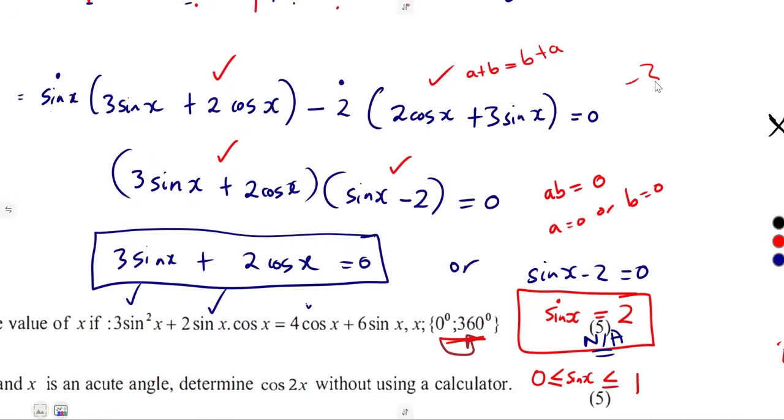If they write something like minus 360 to positive 360, or maybe negative angles, or they give us an interval greater than 360, maybe from 0 to 720, or they are actually telling you to find the general solution, that's where the general solution can be used, on these intervals that are outside 0 to 360.